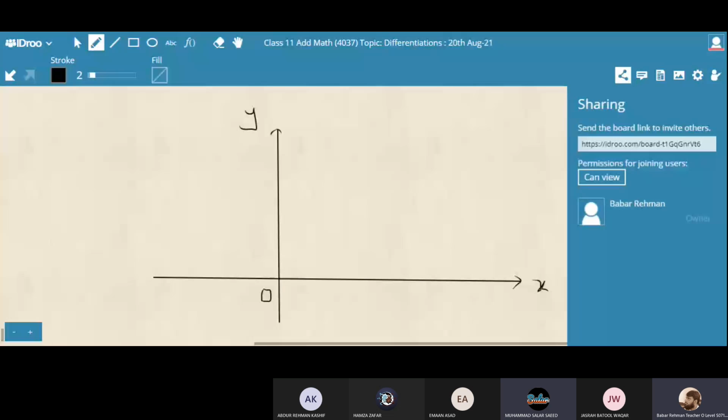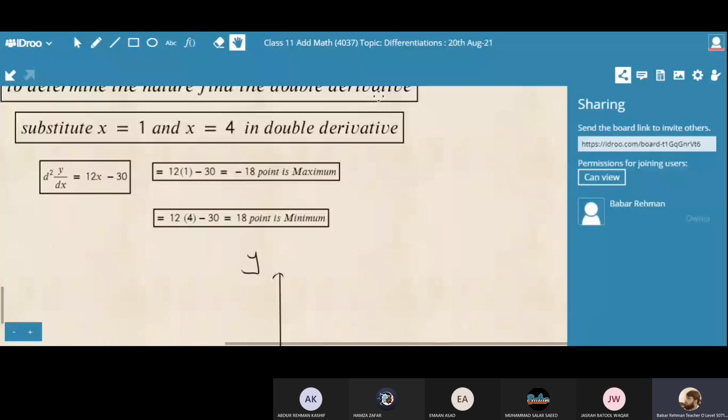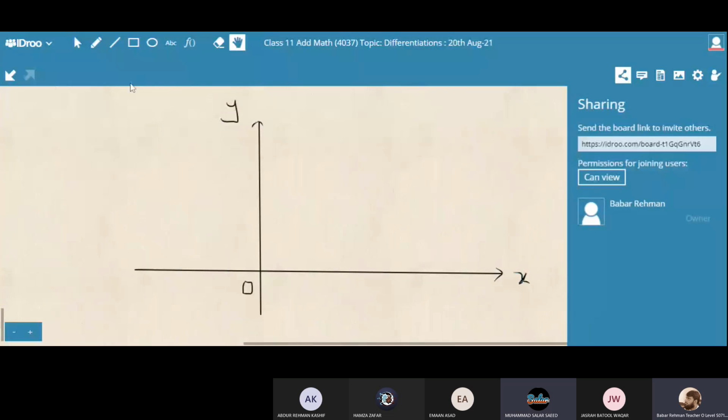When I input 1, what was the value of x? Turning point. First of all, I mark the turning points. So what are the turning points? 1, 17. So student, where is 1, 17? For example, this is 1 and this is 17.